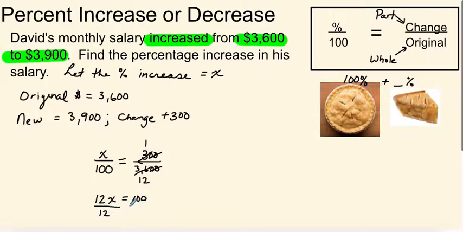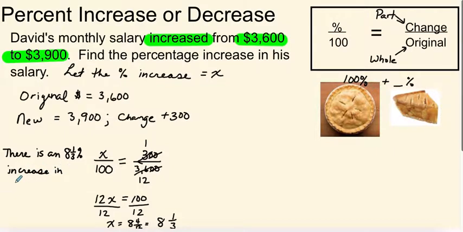And so dividing both sides by 12, I get that x is equal to 8, which would give me 96. To get to 100, I would need 4 more, so 8 and 4/12, which simplifies to 8 and a third. So this 8 and a third represents the percent increase. So there is an 8 and a third % increase in salary.